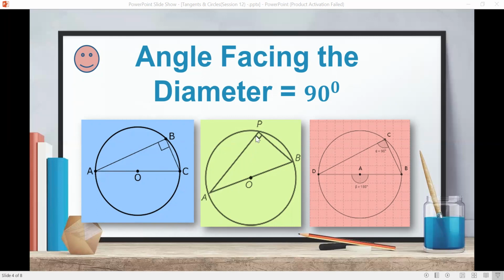Angle APB equals 90 degrees because it is inscribed and facing the diameter AB. Same for angle C. C is also 90 degrees because it is inscribed on the circle and facing the diameter DB.